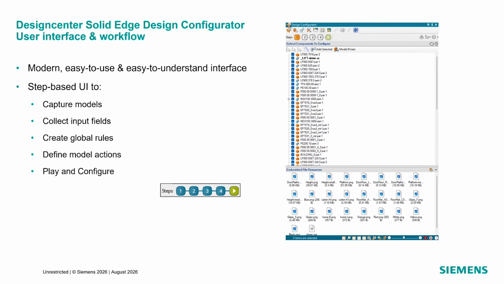We can create global rules that capture reusable engineering logic. Then we define the model actions that specify what should happen to each model. And finally, we play and configure and make the assembly using the Designcenter Solid Edge Design Configurator.